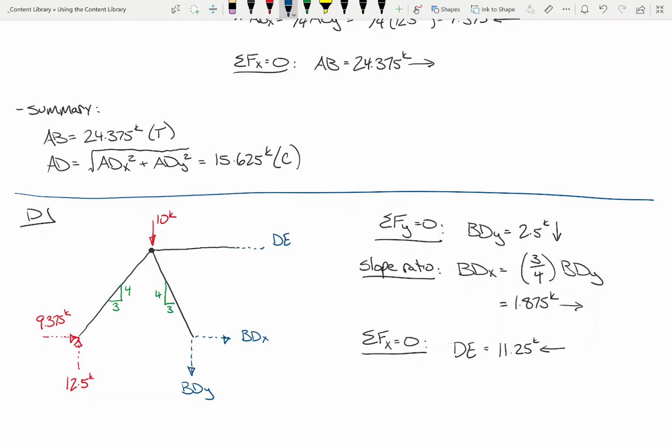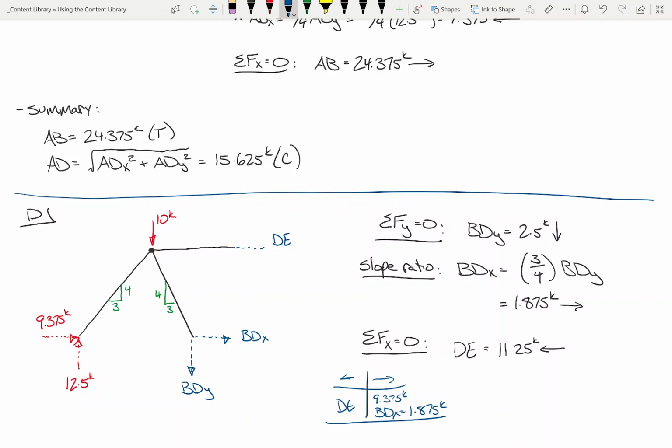So if you want, you could do it like that. You could say, all right, I've got this and this going to the right, and I have that going to the left. If you need to do it that way, that's totally fine.